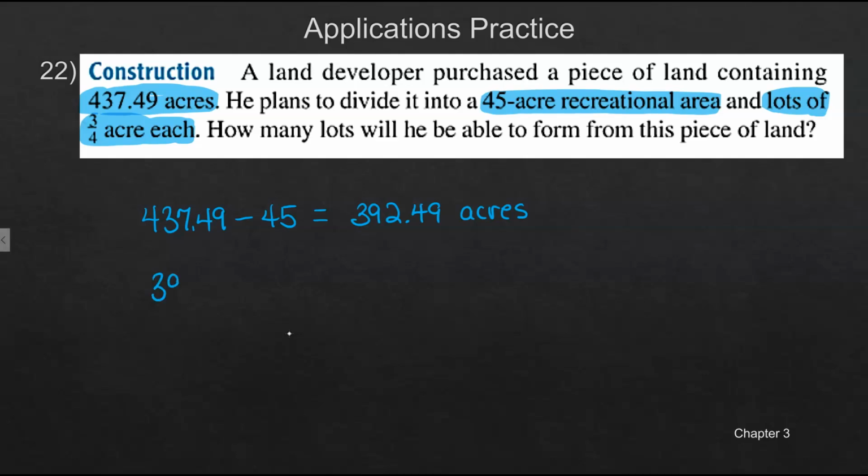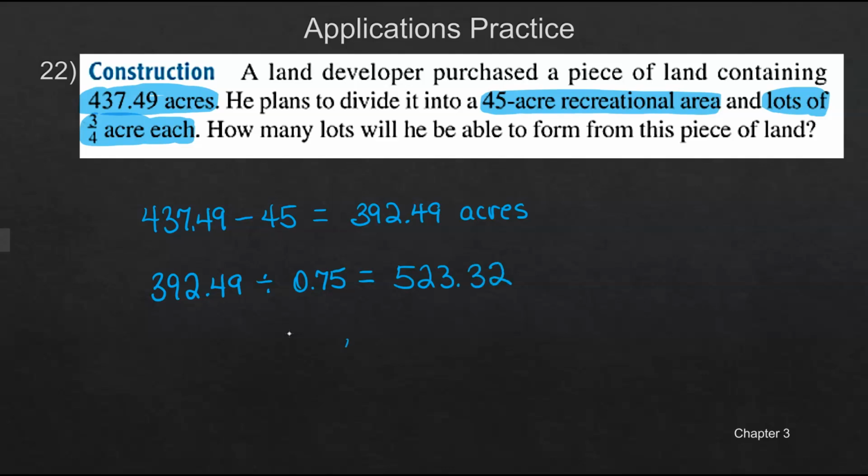Then we're going to split this leftover part into 3/4 of an acre each. I think I'm going to do this in decimal form, 0.75, which makes sense. 3/4 of an acre is 0.75 acres. When we divide this, we get 523.32.